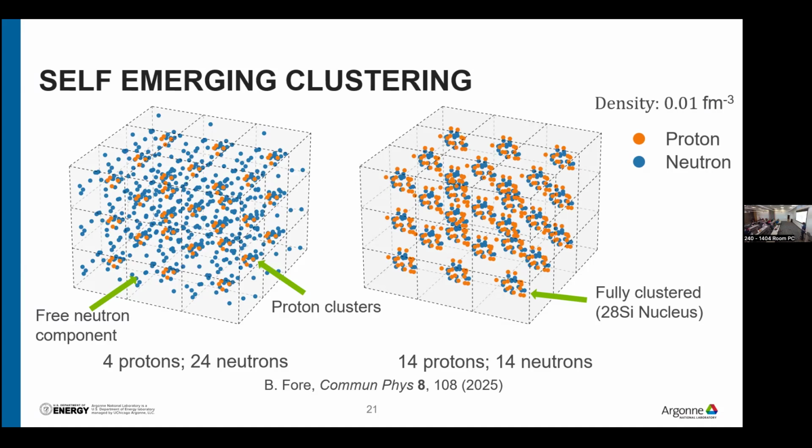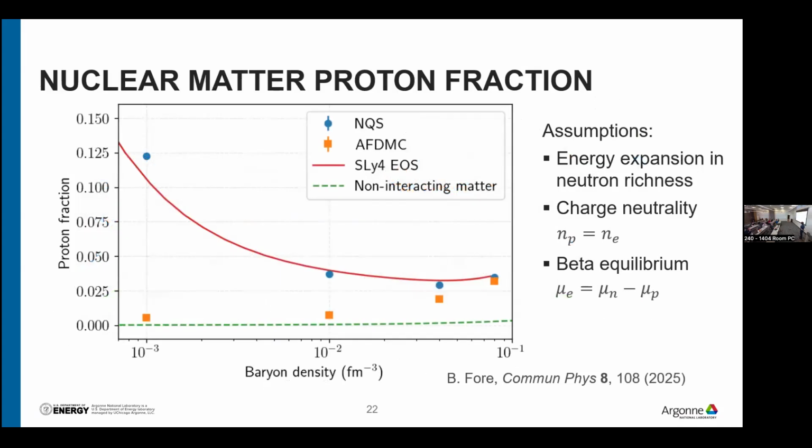So instead of trying to look at this intermediate proton fraction data by doing full simulations, currently what we're looking at is energy expansions in neutron richness to get these intermediate values.